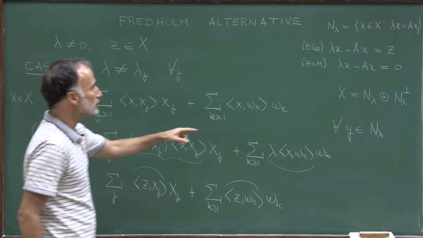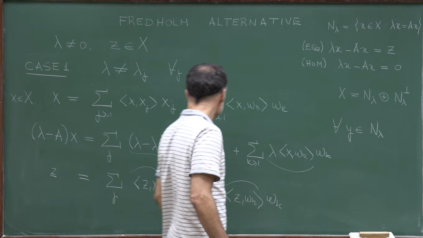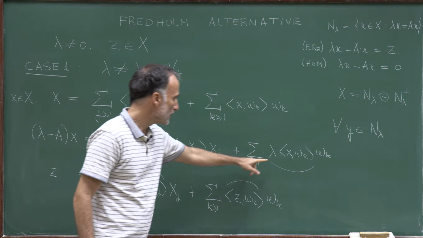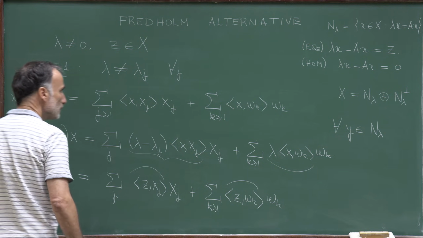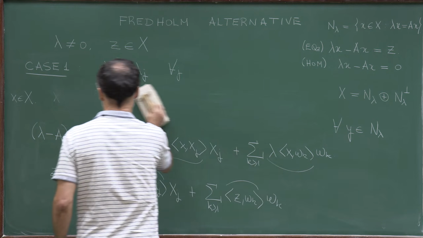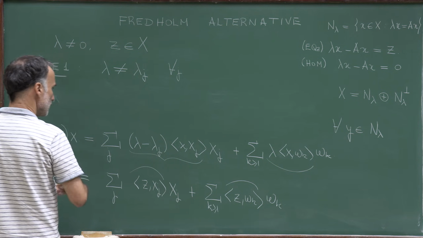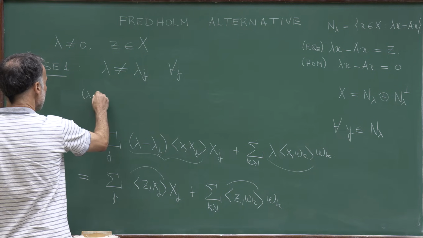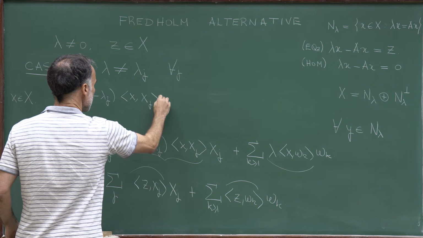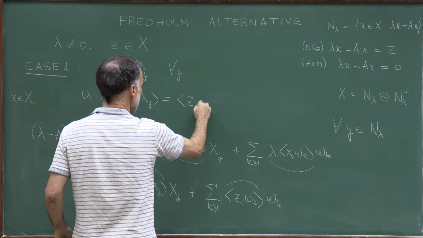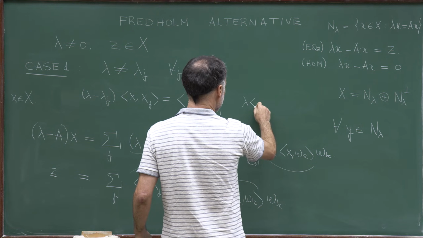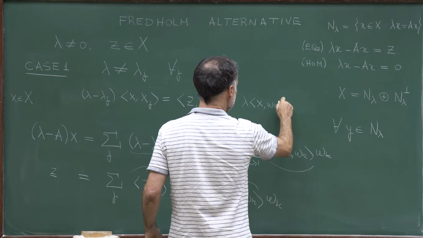So from this identity, lambda x minus Ax equal to z, for all j this expression has to be equal to that one, and this one to that one. So let me write this. I need that (lambda minus lambda j)(x, xj) is equal to (z, xj), and I also need lambda (x, wk) to be equal to (z, wk).